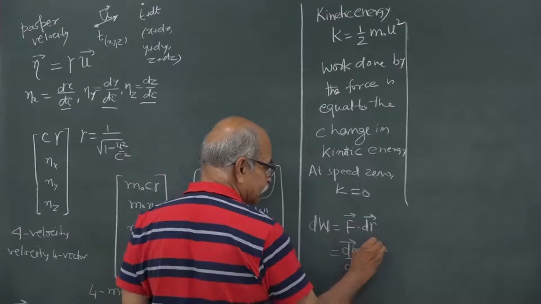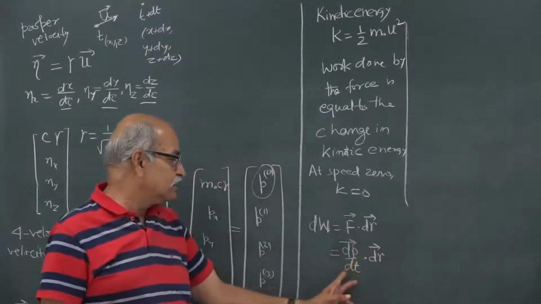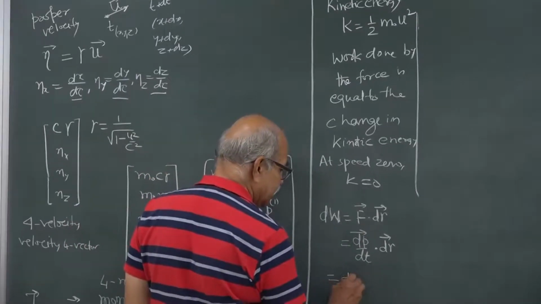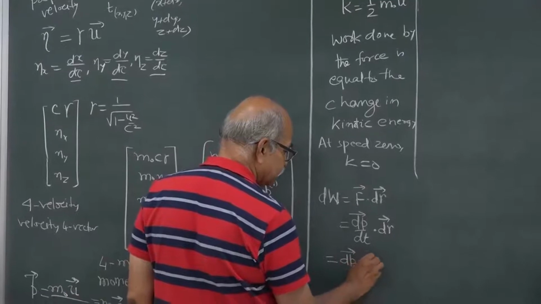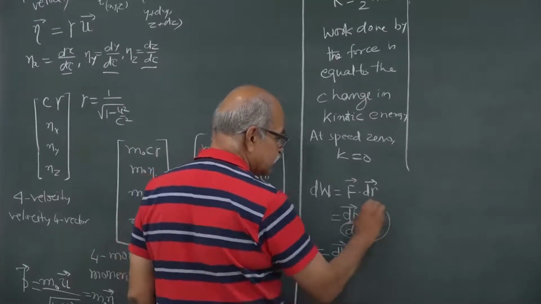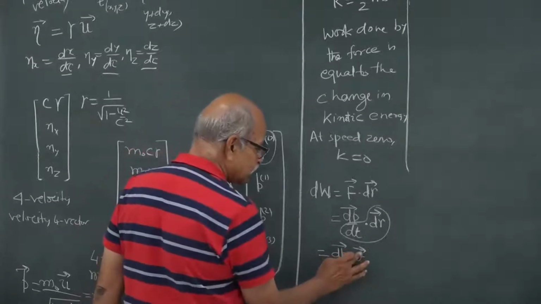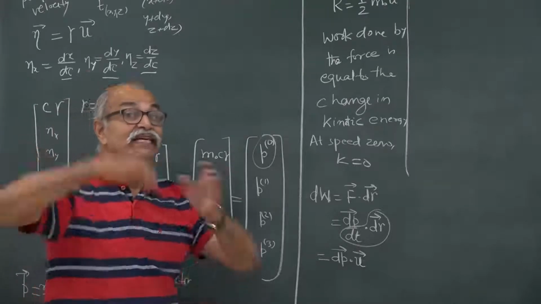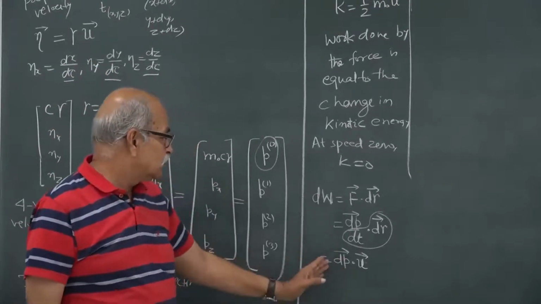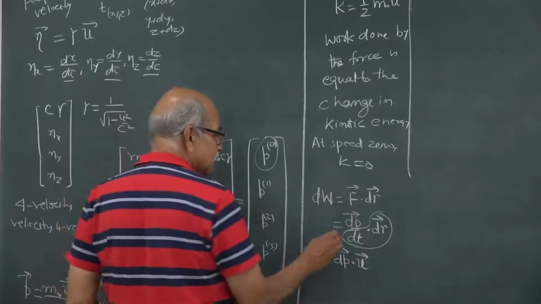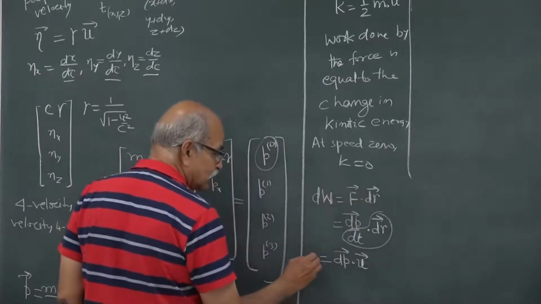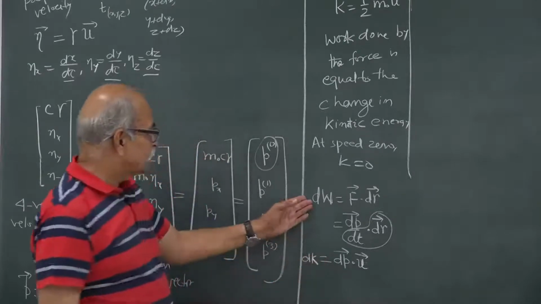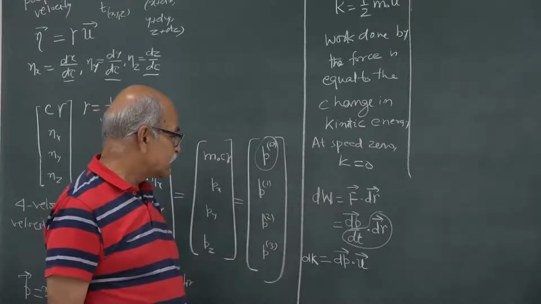This dr and this dt you can combine together and write this as dp dot v, right. This dr/dt is the velocity, let me write it u, particle velocity. V I am reserving for the frame velocity when we change frames. So, this is the work done, and this is the change in kinetic energy. So, you can write this as dK, okay, dK. Work done by the force is equal to the change in kinetic energy.